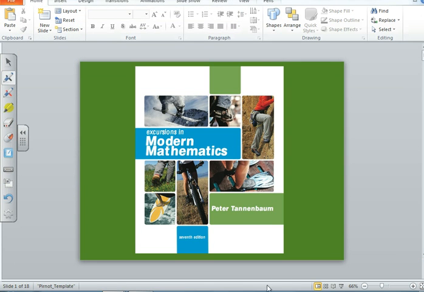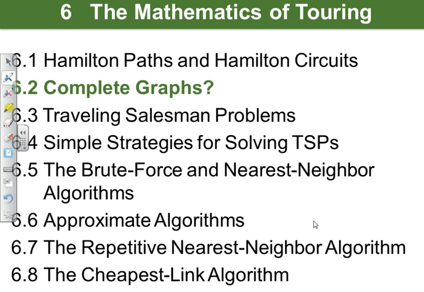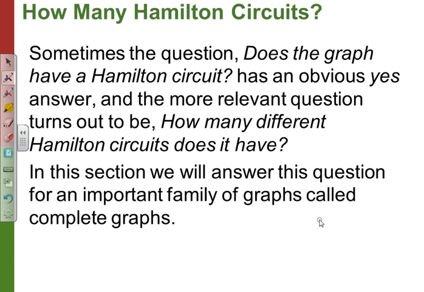Open section 2. Complete graphs, also known as K-graphs. Sometimes a Hamilton graph, obviously. A complete graph means that every single vertex goes to every other vertex.